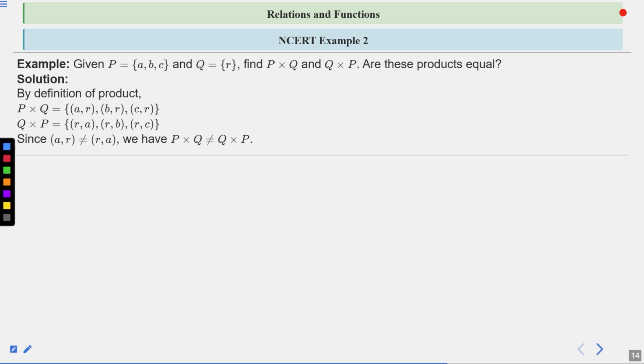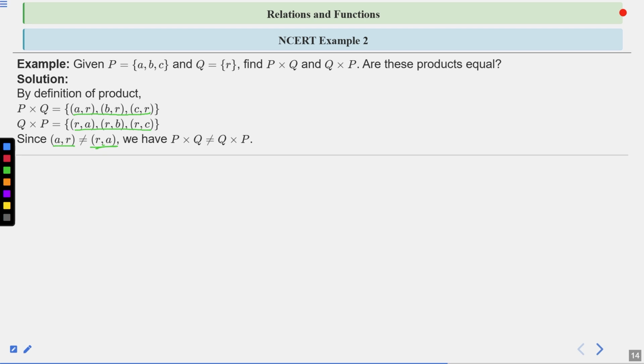Why? Because in order to get the same set, every element from this set must be in that set. But this pair is not equal to that one, because both are ordered pairs, and in ordered pairs if you change the order, the pair is also changed. They are not the same.